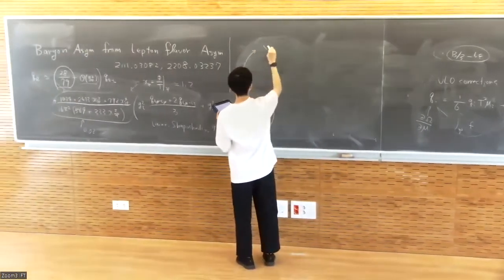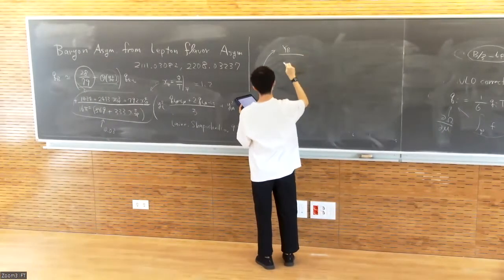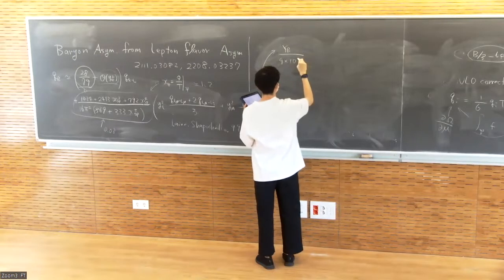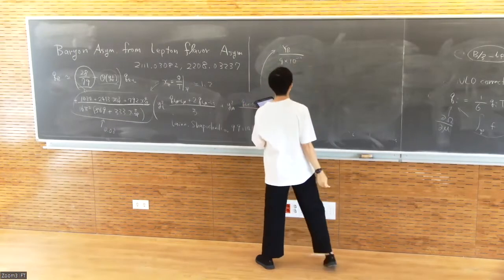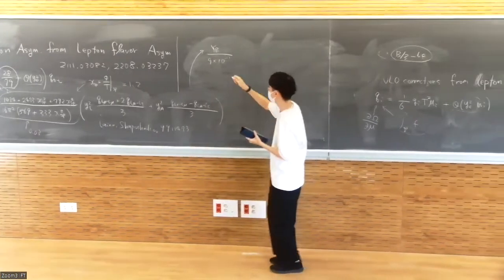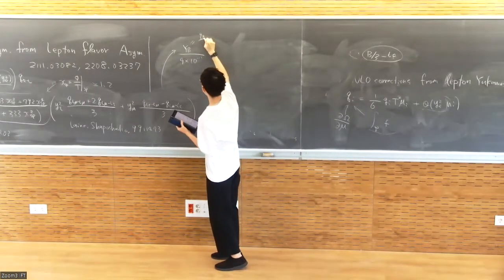Now from this, of course, you can estimate the yield parameter of baryon, which is defined by the baryon number density divided by the entropy density.